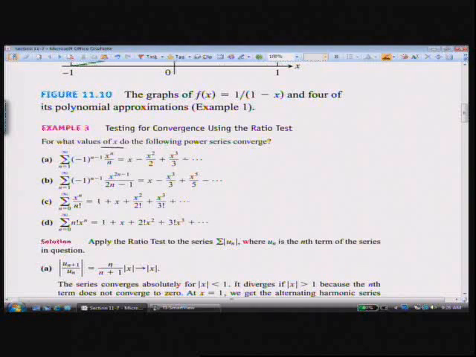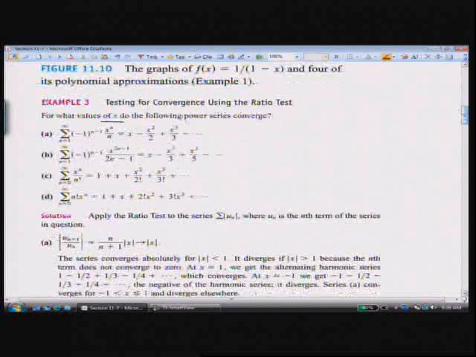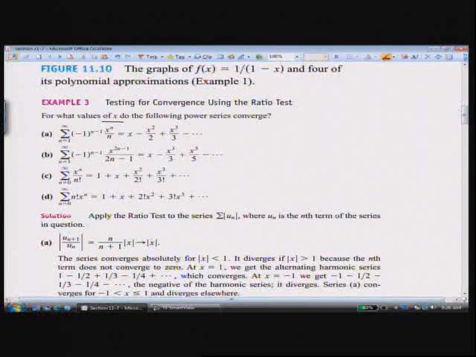Okay, so let's look at A. This is an alternating series, right? And we've got x minus x squared over 2 plus x cubed over 3 minus yada, yada, yada. Now, a lot of times, the best test to apply is going to be either the ratio test or the root test. And remember, let's go back to them real quickly.